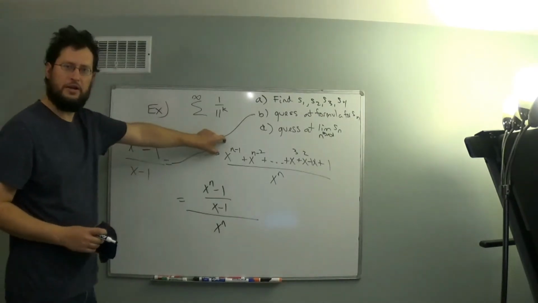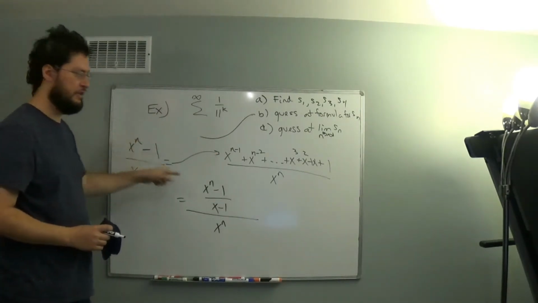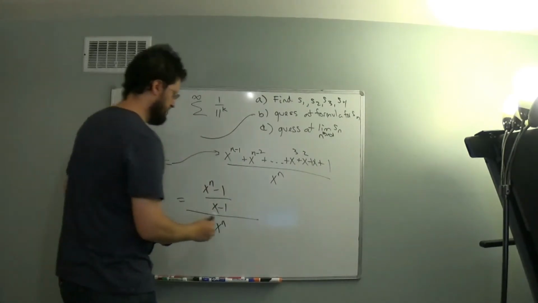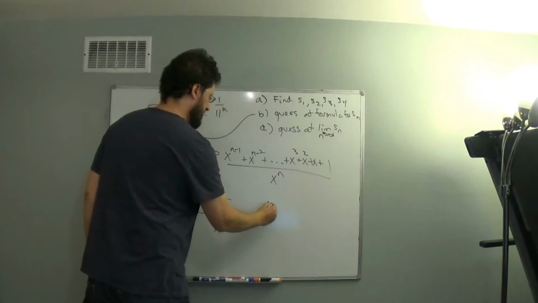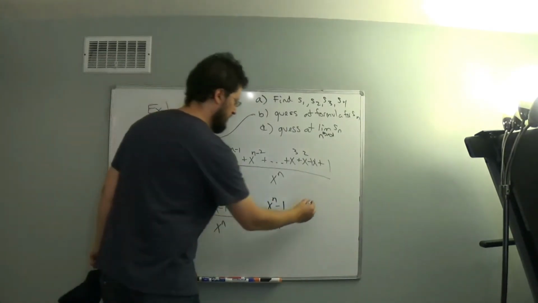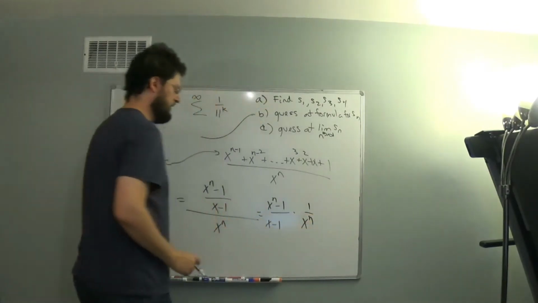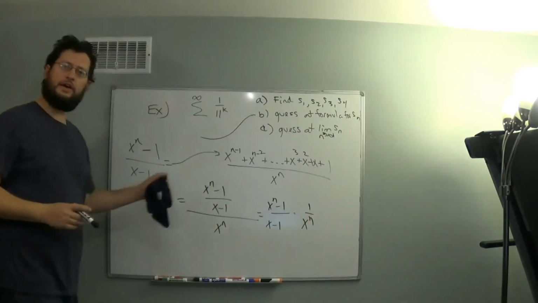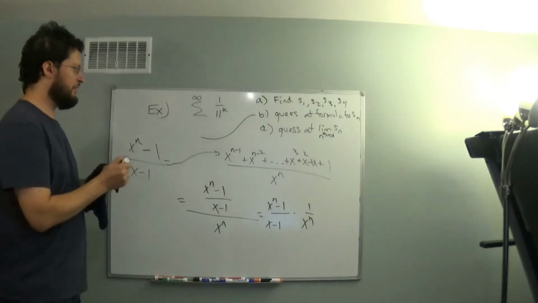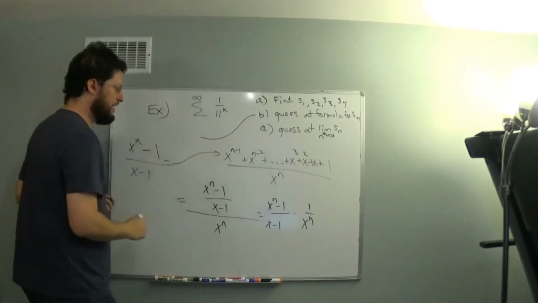So that numerator is this piece right here. The denominator hasn't changed. So that's x to the n minus 1 over x minus 1 times 1 over x to the n. And now we'll go back and remember that x was 11, and we use that to simplify the notation a little bit.